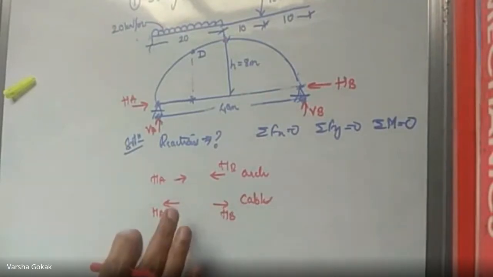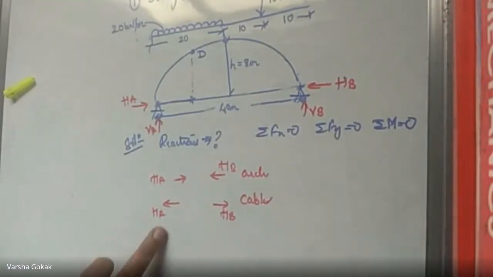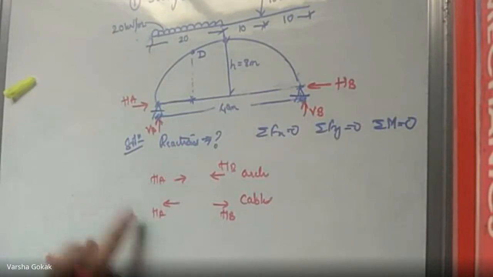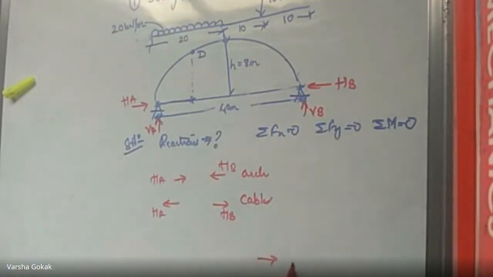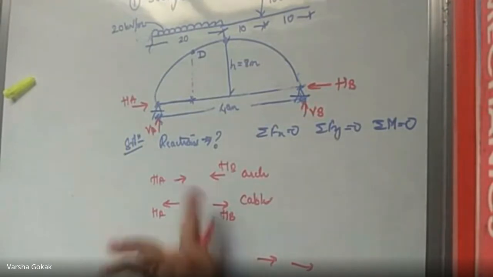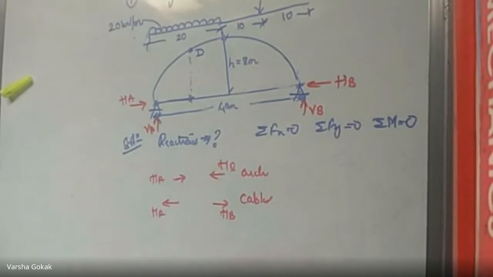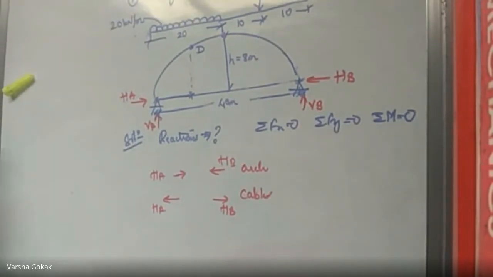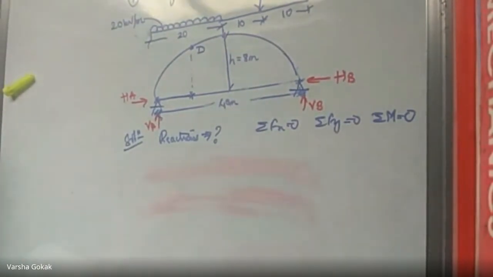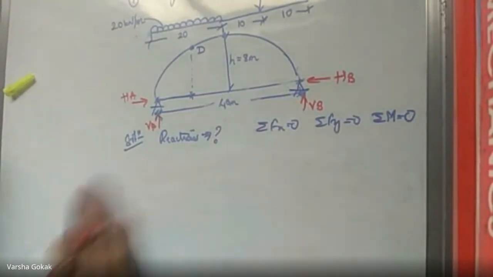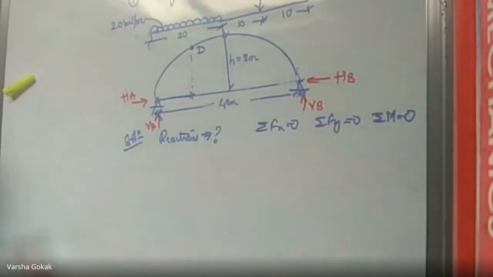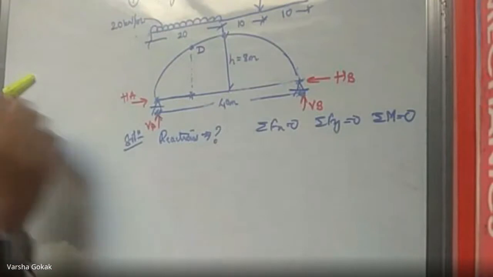Only to avoid the negative sign here and there, this assumption is made. If you're able to remember, well and good. If you're not able to remember and by mistake you have taken both like this, or the opposite manner, it's okay. Only the sign will change. This is the sign convention in terms of arches, whether parabolic arches or circular arches.